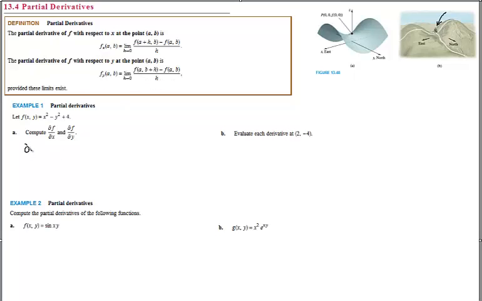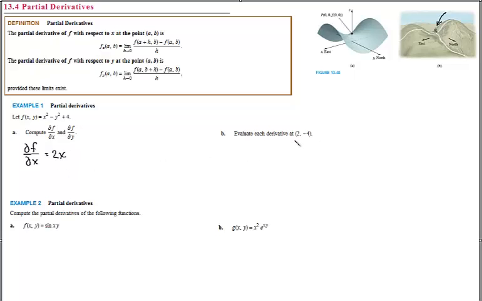So let's do the partial derivative of f with respect to x. That means I'm going to hold the y value as a constant. So the partial derivative of this with respect to x is 2x. The partial derivative of y, held as a constant, is just going to be 0, and then of course the 4 is going to be 0.